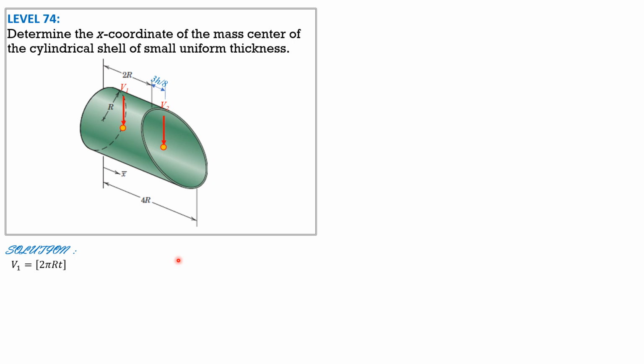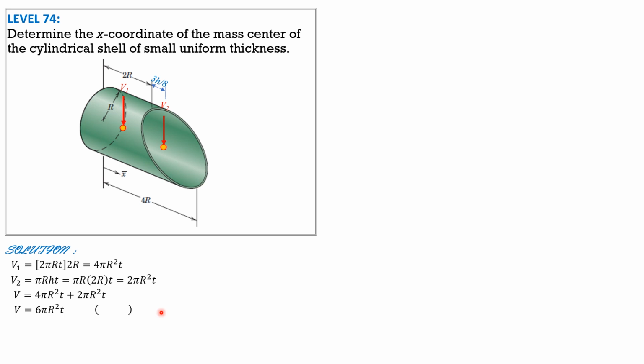V1 is 2πrt times length 2r, so V1 is 4πr squared t. V sub 2 is πrht, and πrh is 2r times thickness, so 2πr squared t. So the volume of the material is 4πr squared t plus 2πr squared t, that would be 6πr squared t.